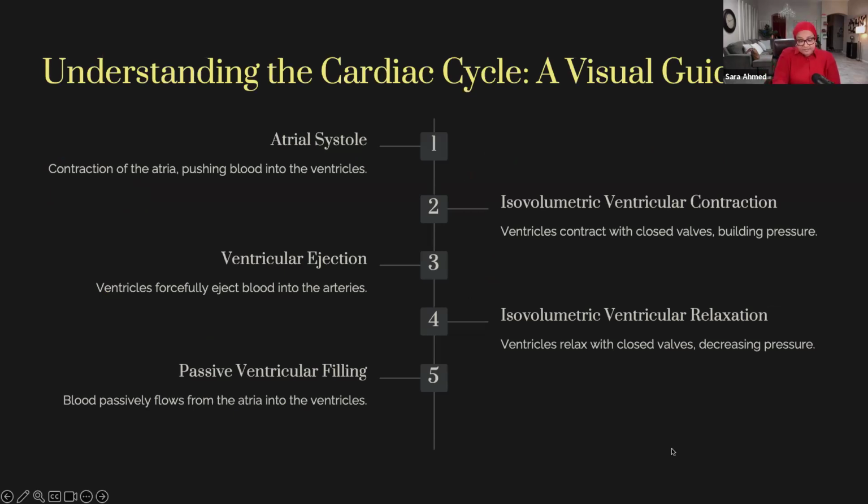Each mechanical event has a corresponding electrical event, which is shown by the EKG. We have a couple of waves and intervals and all these terms, and each complex or wave corresponds to a specific phase in the cardiac cycle.